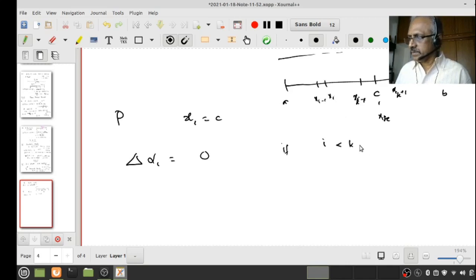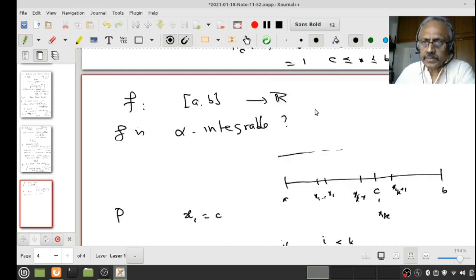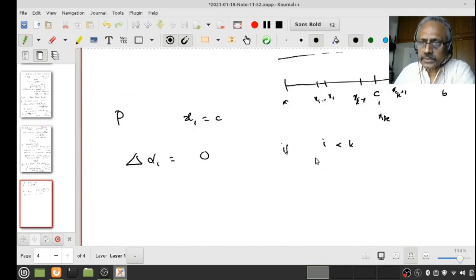Because alpha(xi minus 1) will be 0, alpha(xi) will also be 0. Do you understand this? Then let's look at what will be delta alpha k. Delta alpha k will be alpha of c, that is 1, minus alpha of x(k minus 1), which is 0, so it is 1.